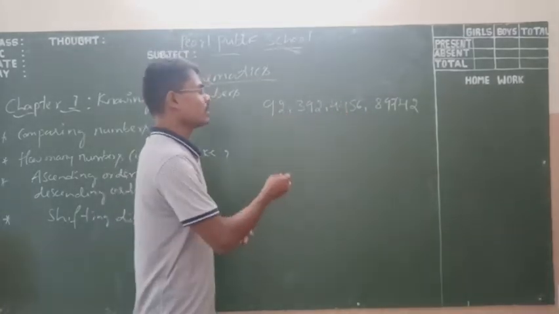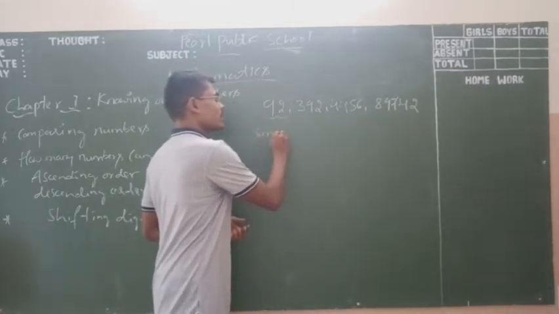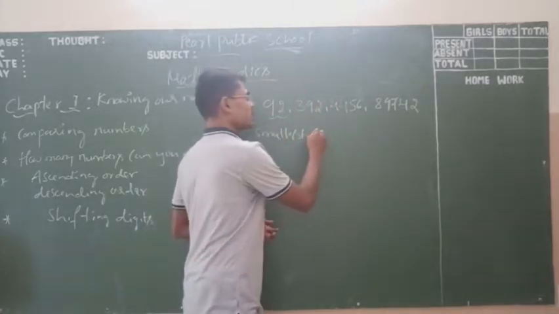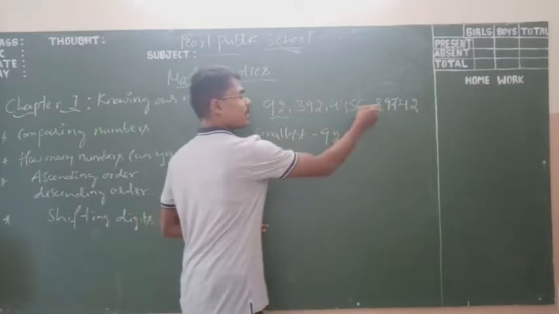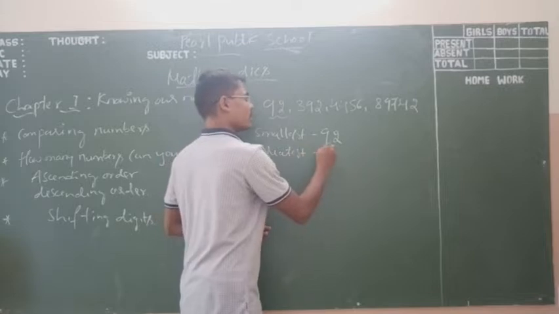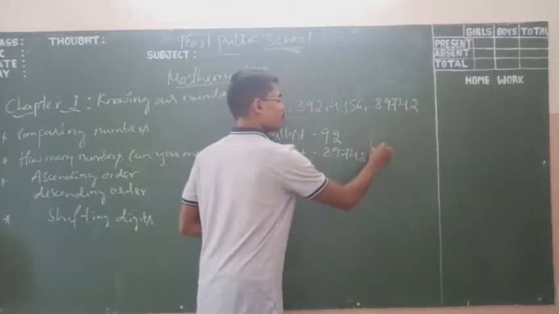Now look at this one. I'm going to identify the smallest number in this sequence. The smallest number among these numbers is 92, and the greatest number is 89,742.